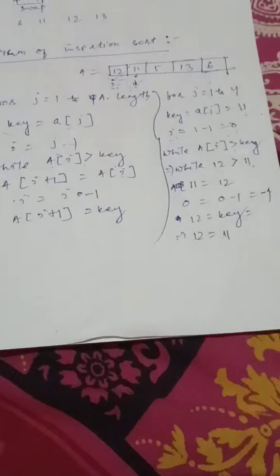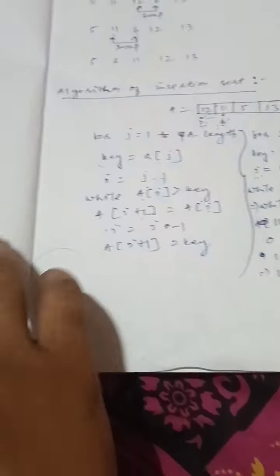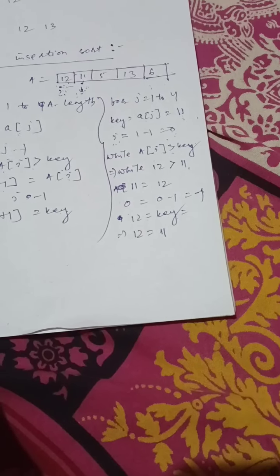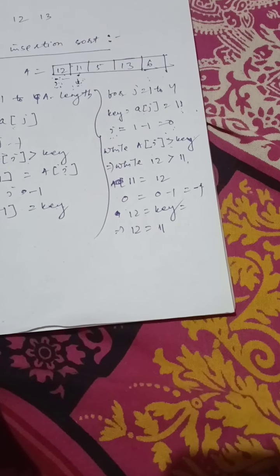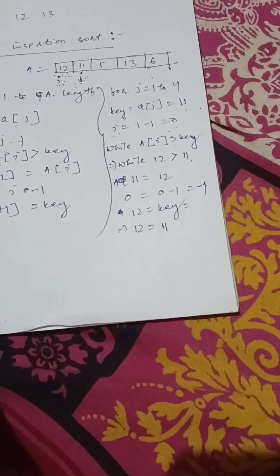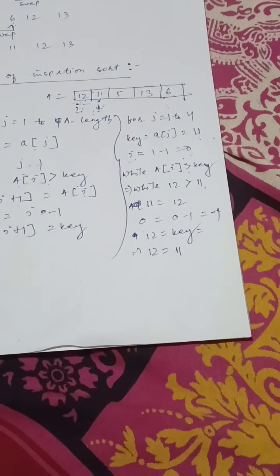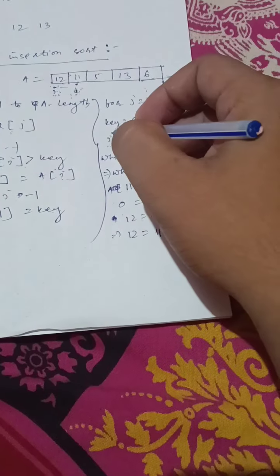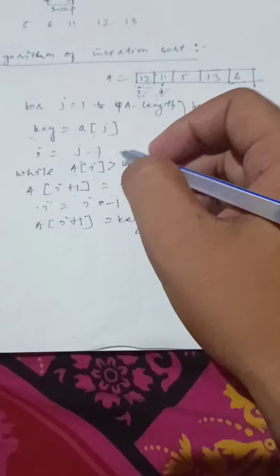So let us understand this algorithm. We have taken a for loop from j equals 1 to 4, and we have taken a variable key that stores a of j, which here is 11. So 11 will be assigned to key, and we have made i equals j minus 1.